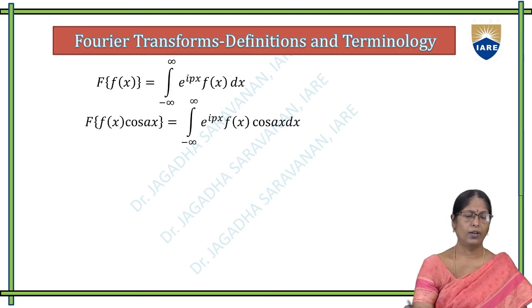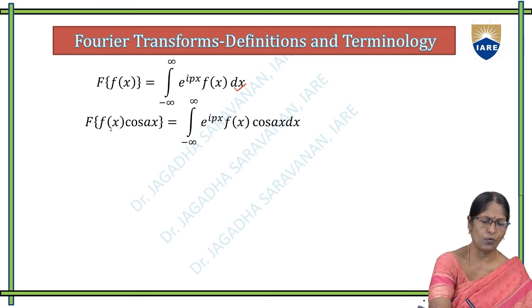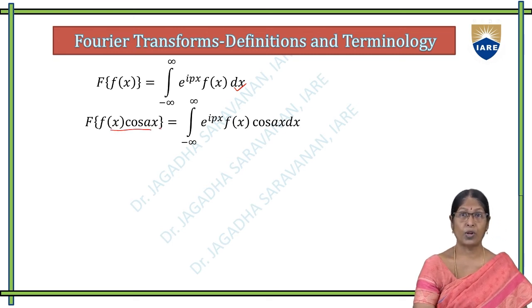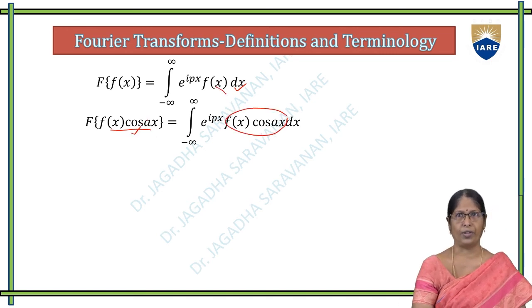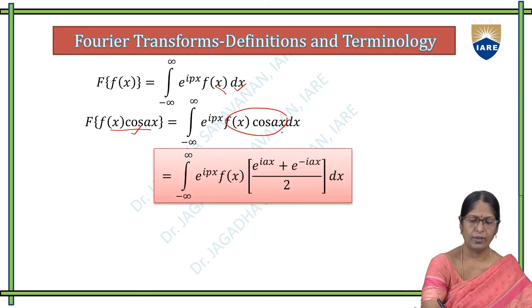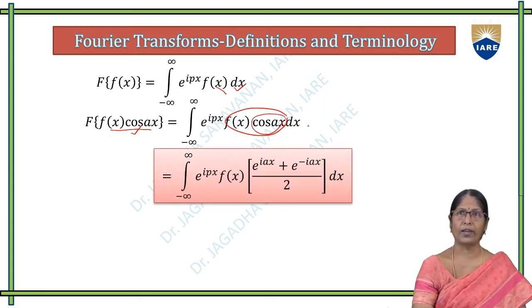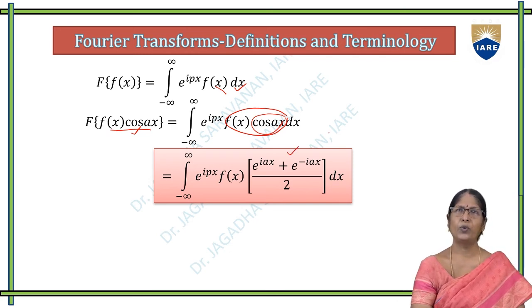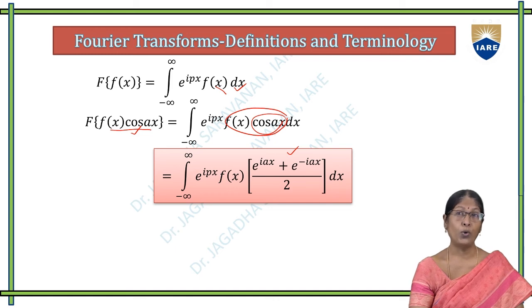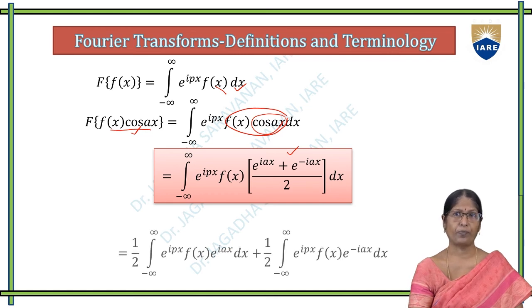So now, this is the Fourier transform formula for our given function. The f of x is replaced according to our function. And in the place of cos ax, the relevant formula we applied to get the result of the modulation theorem.